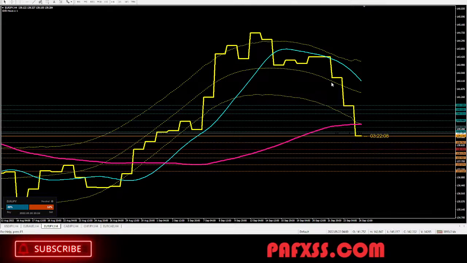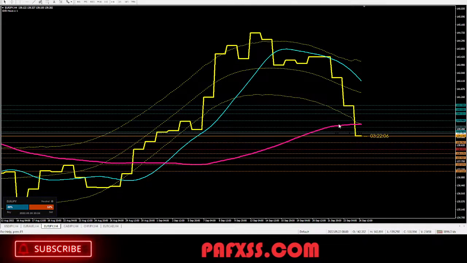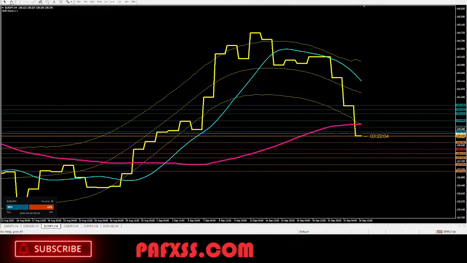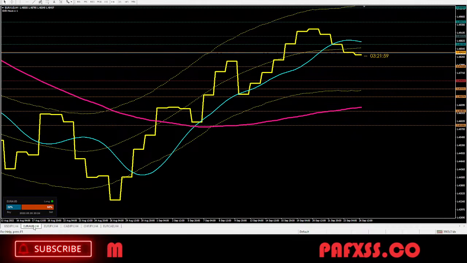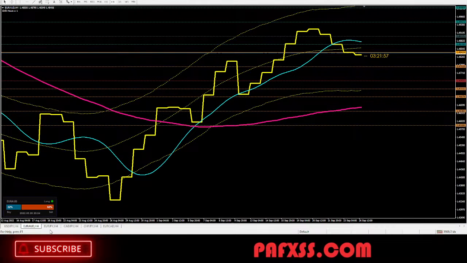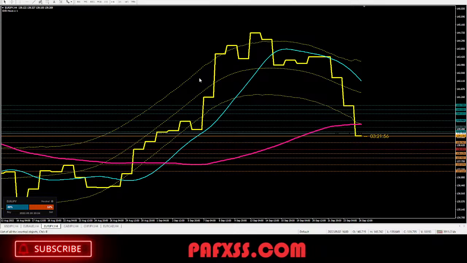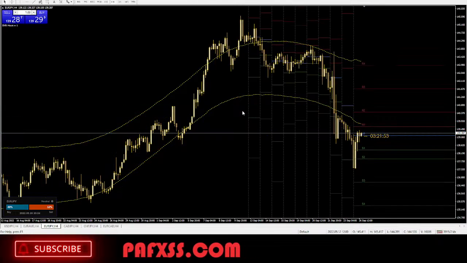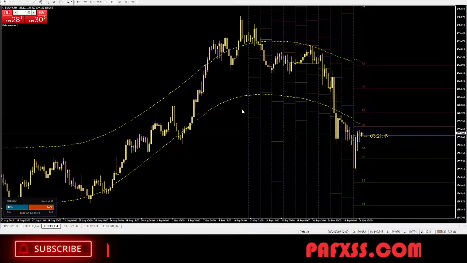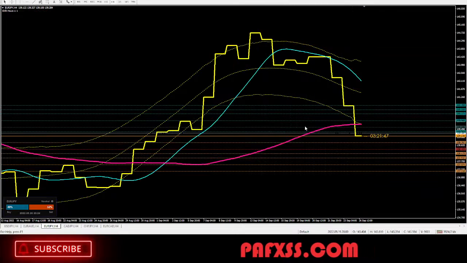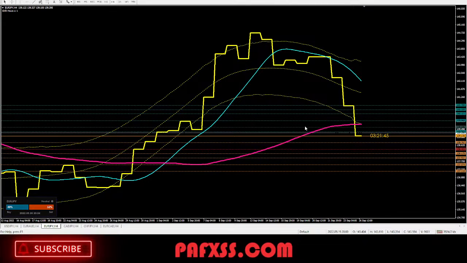All right, I like Euro JPY too, and CHF JPY. I think those two are my favorites. All right, see what happens. See, we don't even want to see the price. We don't even want to see the candle. We just want to see the setup.